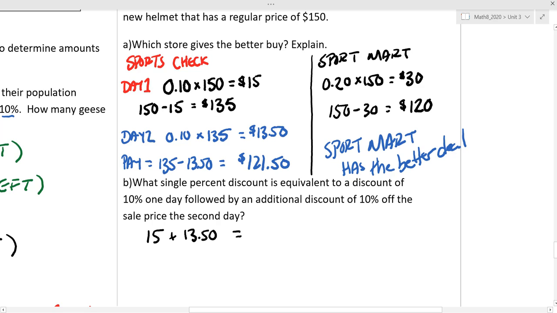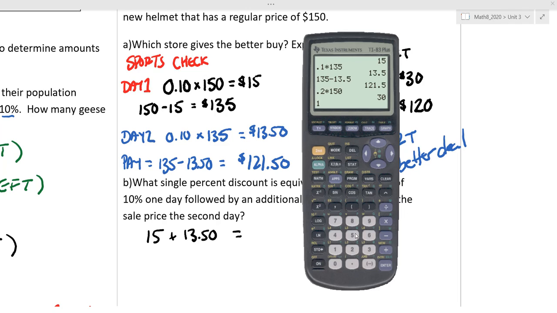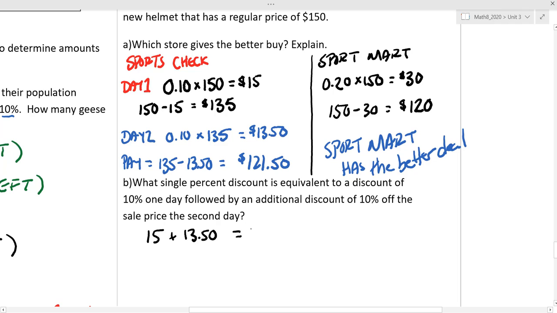So altogether, they gave us a discount of 15 plus $13.50, which is a $28.50 discount.